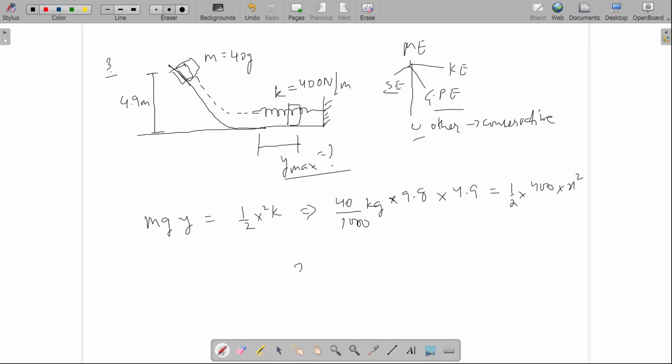The value of x comes out to be about 9.8 centimeters. So this is what we wanted to evaluate, the conversion of energy from one form to another. This is the crux of conservation of mechanical energy.